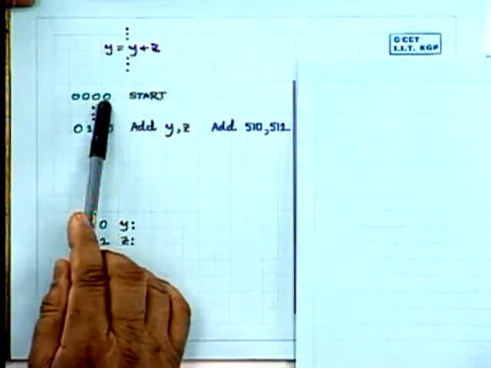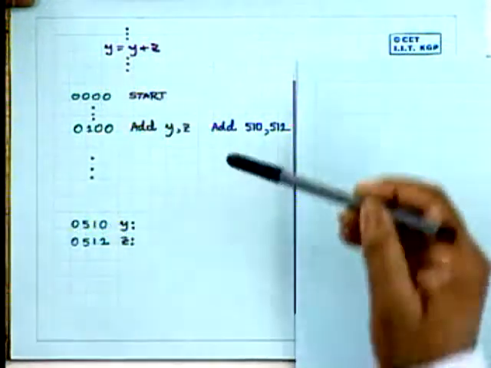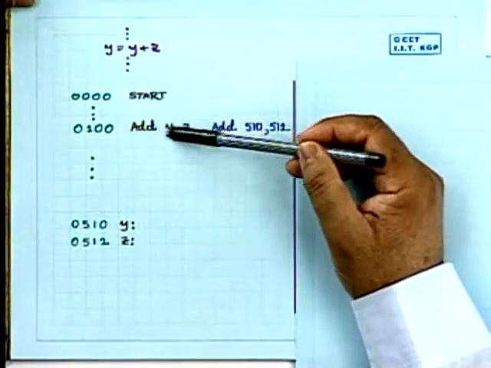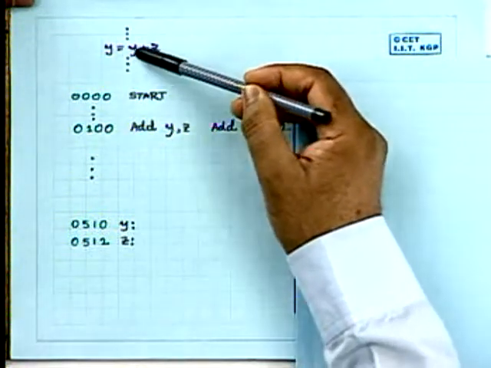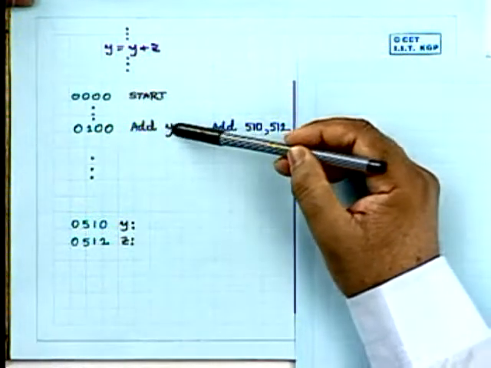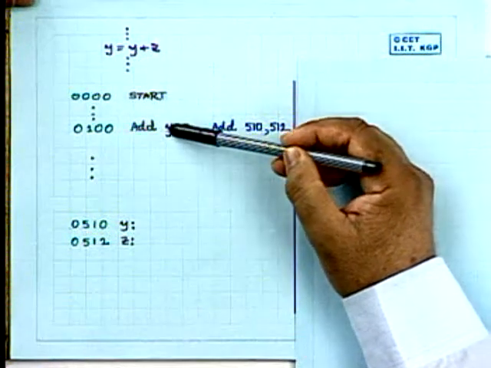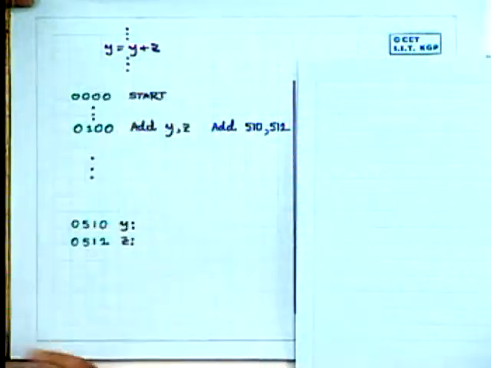This address is shown in green. Assume that add y z is the translation by means of a two address machine, which means that z is added to y and the result goes into y. That is what has been done over here.